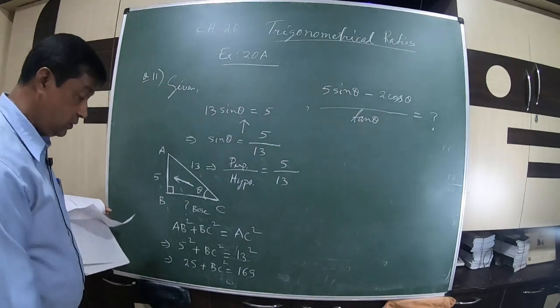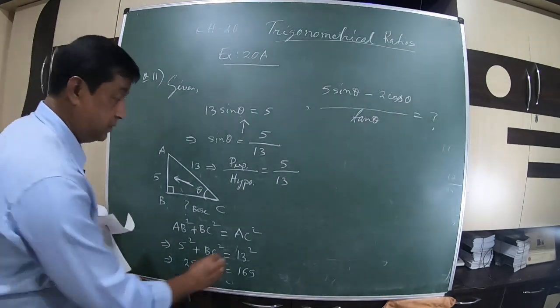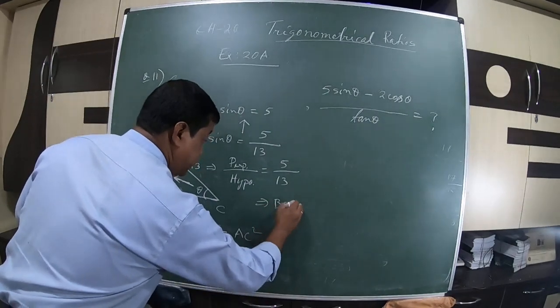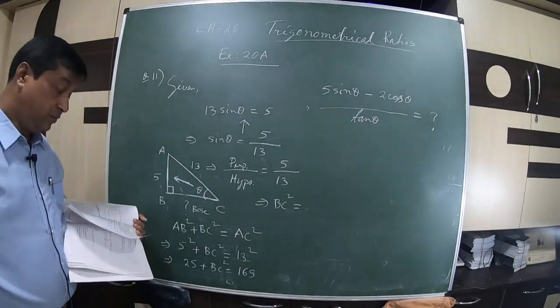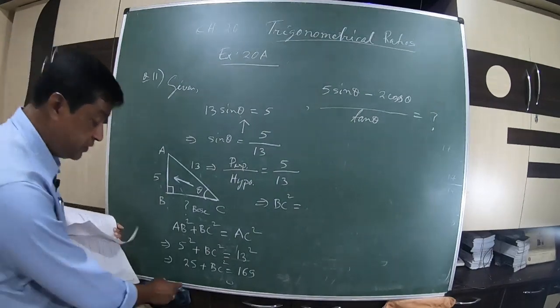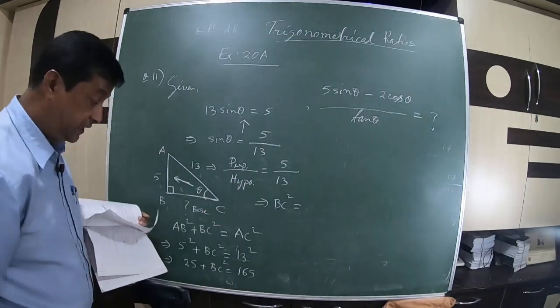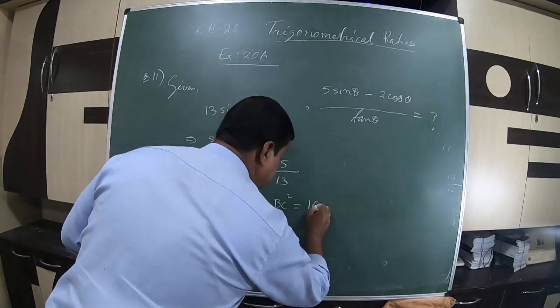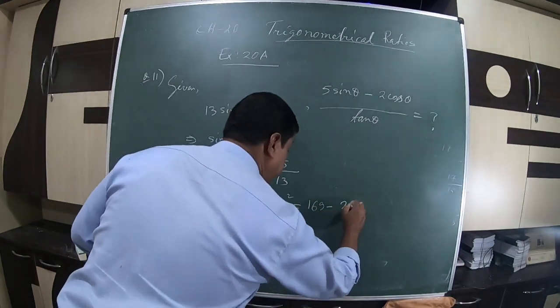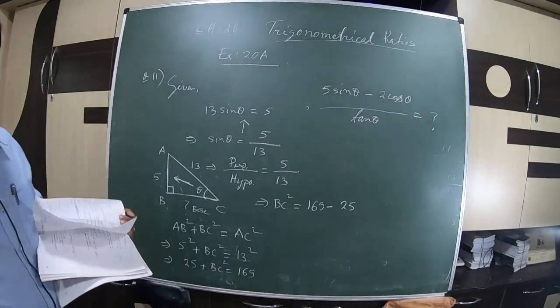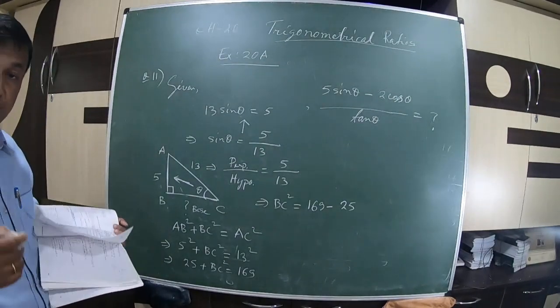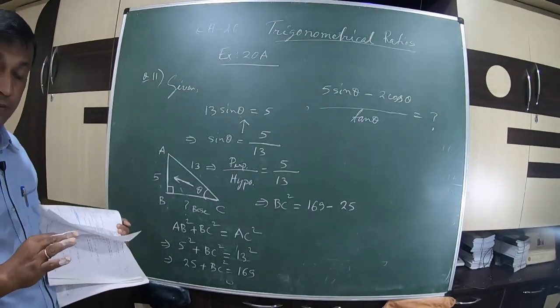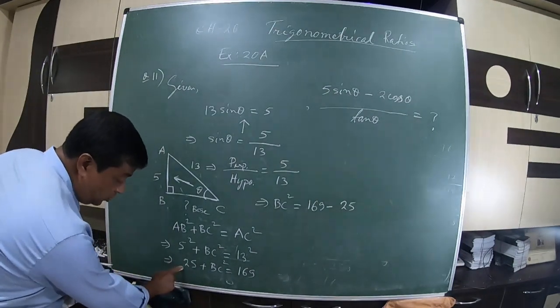Now what do you need to find out? BC. So BC square equal to, what will you do now? Transposition. Because you cannot keep this number here, you have to take it to the other side, because you have to find the value of BC. So 169 minus 25. This is a plus sign here, 25 means plus 25.